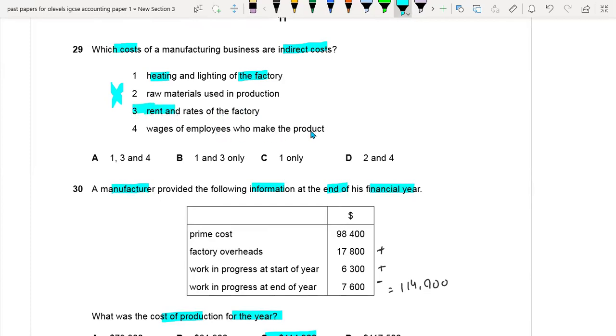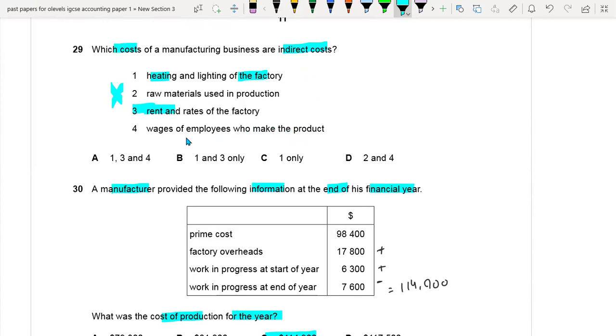Wages of employees who make the product. Maybe if these employees were not making the product, but were supervisors or managers, we would be considering them as part of our indirect cost.